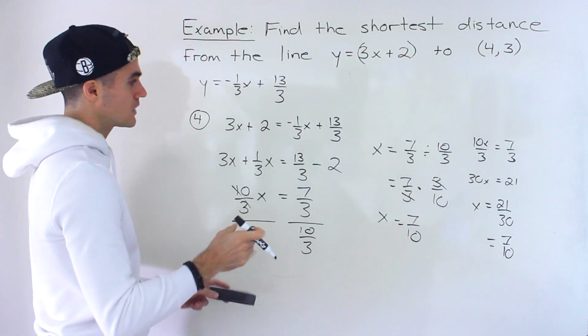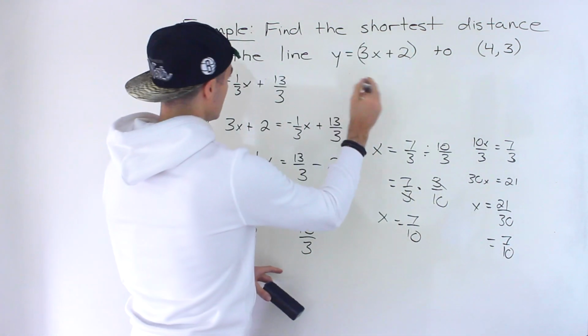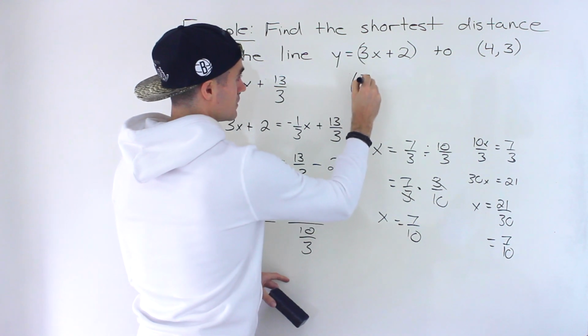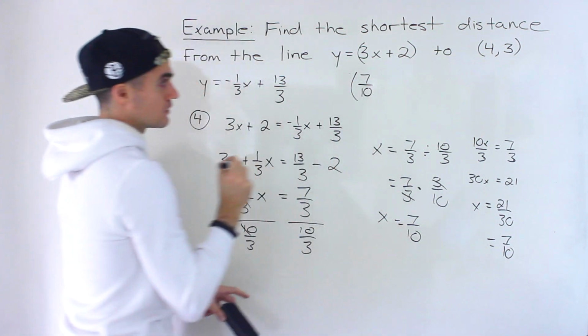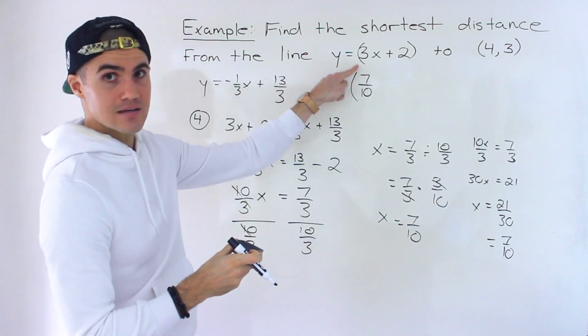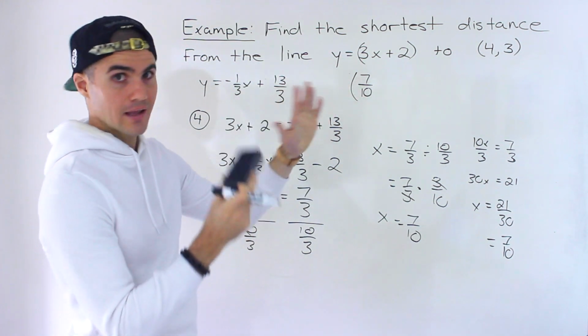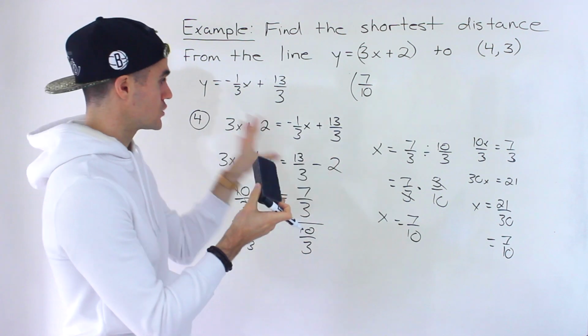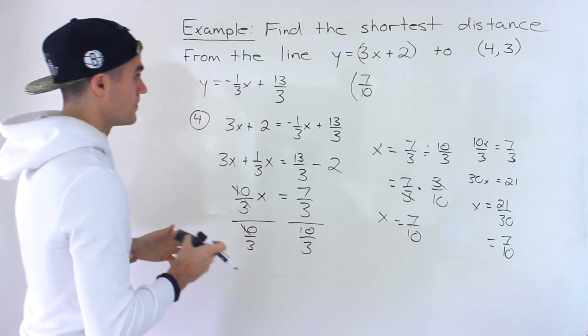So whichever way you do it, x equals 7 over 10. So that's the x value where this line and this line are going to intersect, that point N that I showed you on that general diagram.